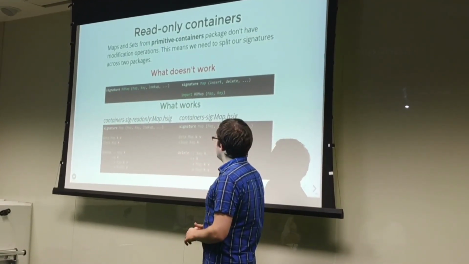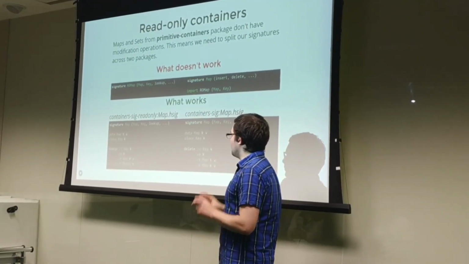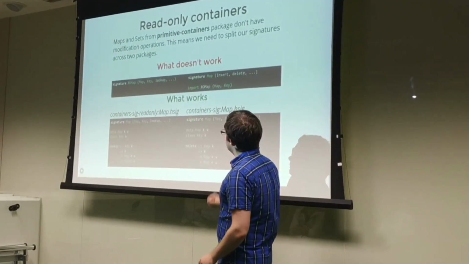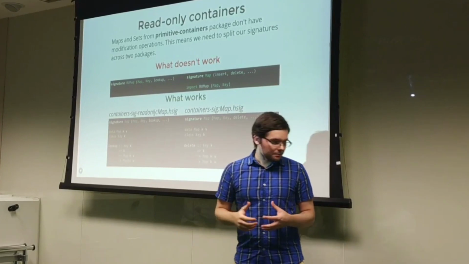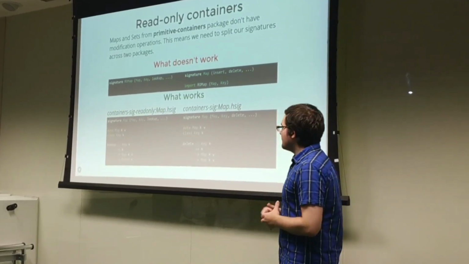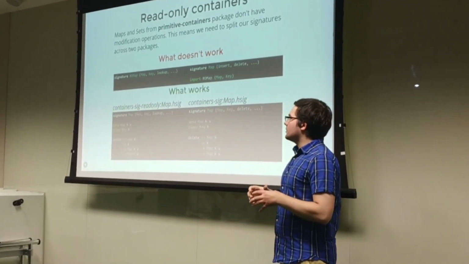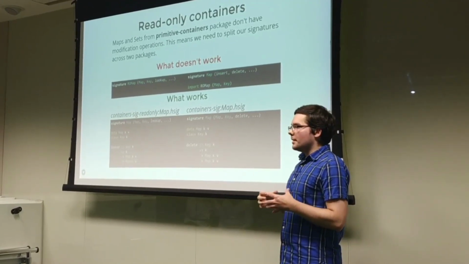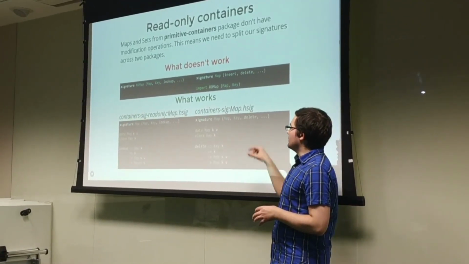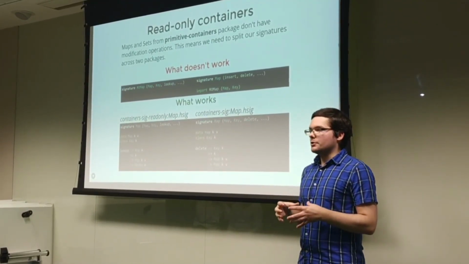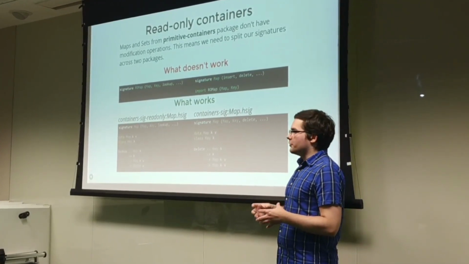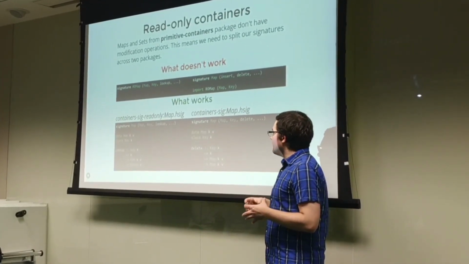So this is a part we call boilerplate, where you need to duplicate definitions. But the types are the same. When you depend on both packages, container-sig-read-only and container-sig, the signatures will be merged. So here is where the signature merging algorithm kicks in.